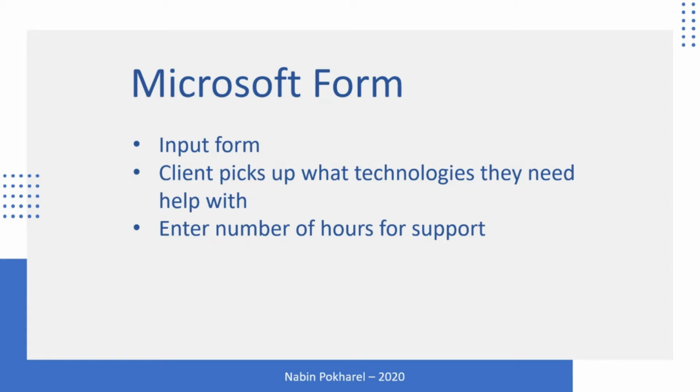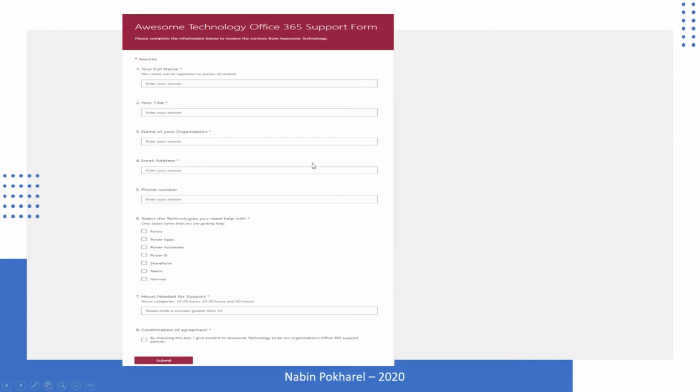Forms does much more than this. This is the screenshot of the form, and it is simple, without many questions. The first one is full name, the name of the person entering the information. The first line is the title, and the second is the description, where we can tell the purpose of that particular field. Then the title of the person, the name of the organization, which will be the client, and the email address.